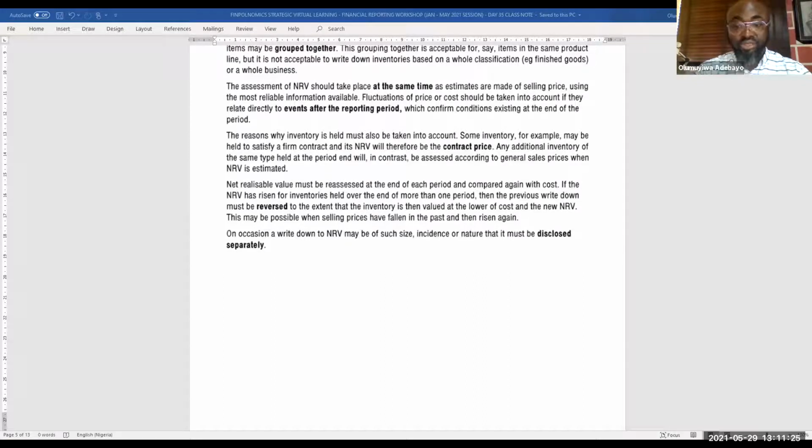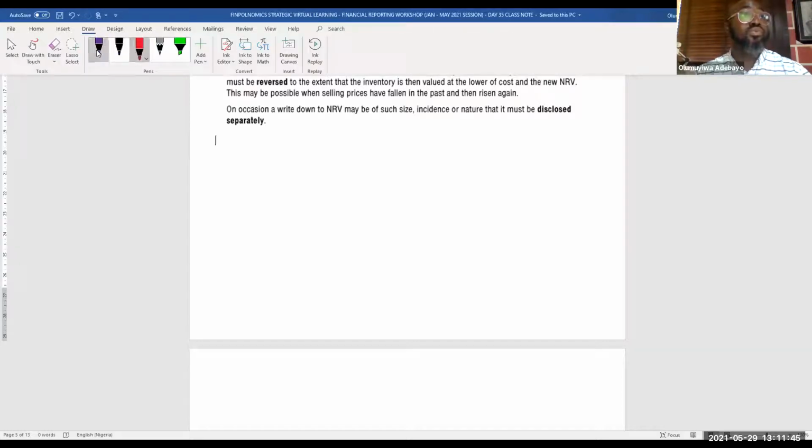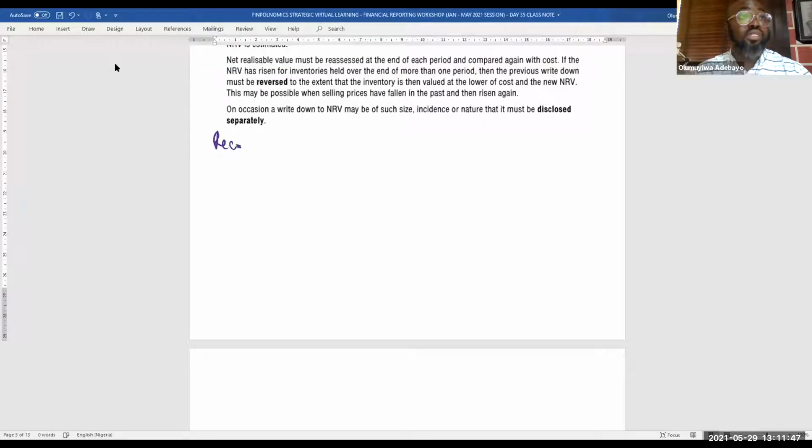Even though most of us have always come across it to say your gross profit is your revenue less cost of goods sold. Okay, but how do we recognize that in its real sense? Let's pick it one by one. Recognition of an expense as it relates to inventory.